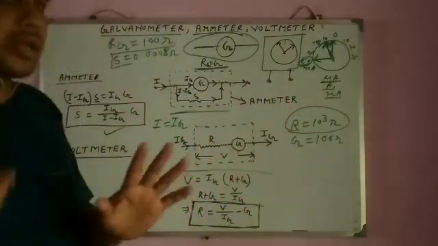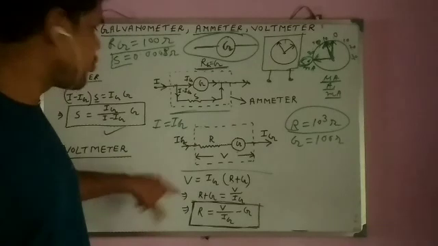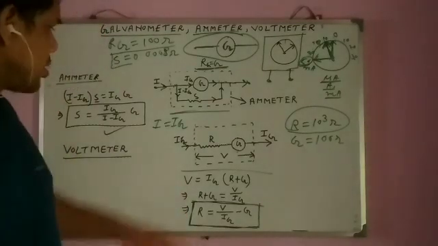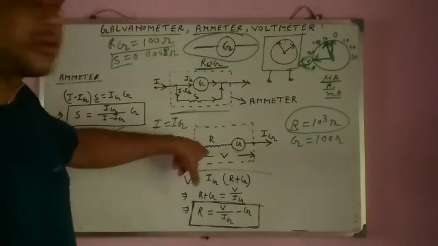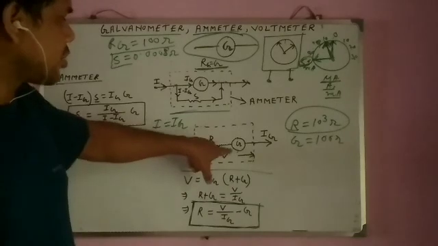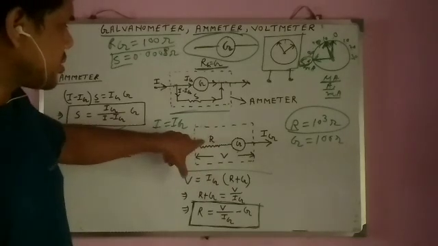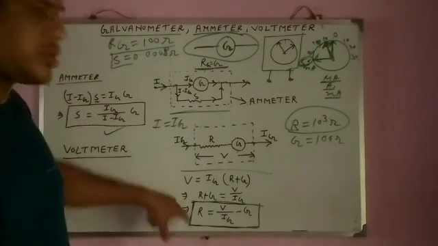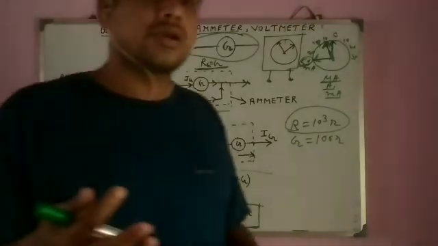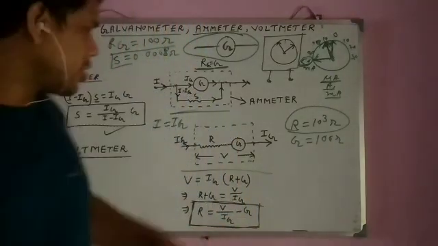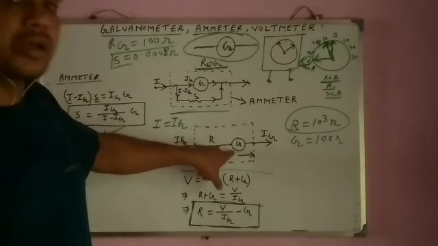And in the case of a voltmeter, ideally this series resistance connected to the galvanometer, indicated here by the letter R, is infinite in comparison to the resistance of the galvanometer.